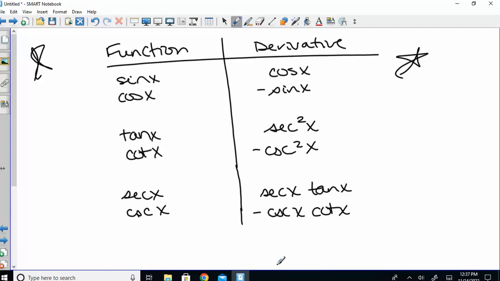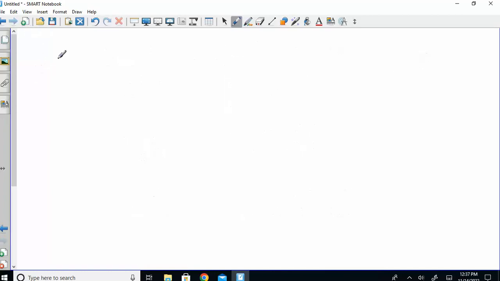You know, I might give you something like, 3x plus cosecant x over tangent x. No, it doesn't have to be nice and pretty.